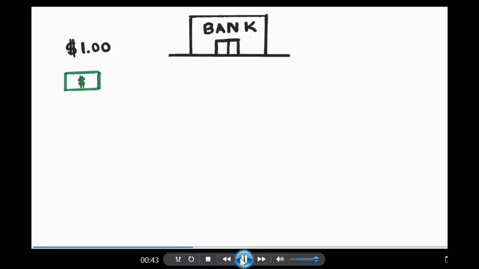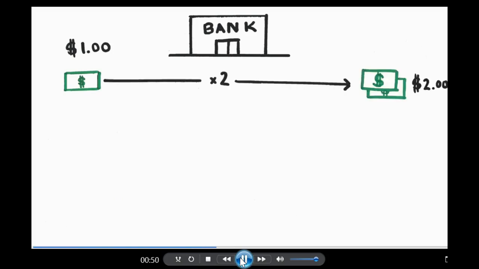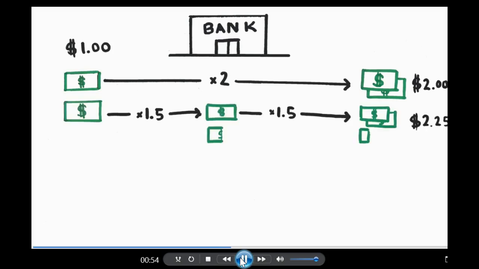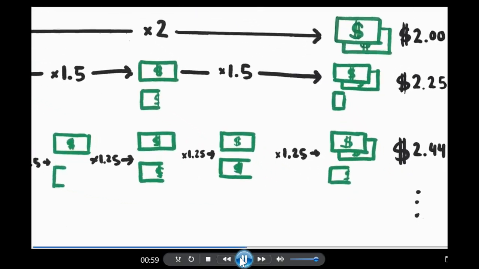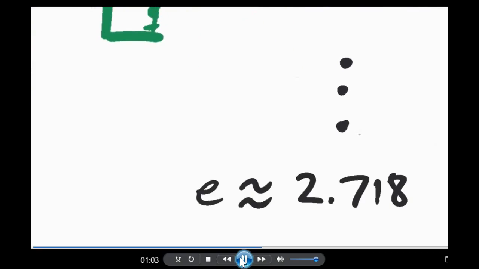So if you stick $1 into a bank account with a 100% interest rate compounded annually, you'll get $2 at the end of a year. If it's compounded semi-annually, you'll end up with $2.25. Quarterly, you'll end up with $2.44. Monthly, $2.61. Weekly, $2.69. See where we're going?